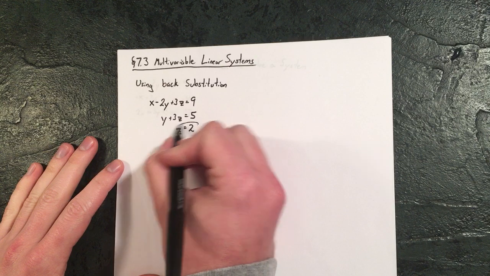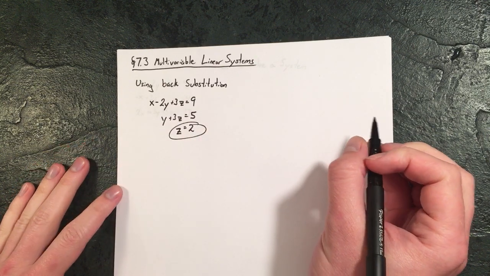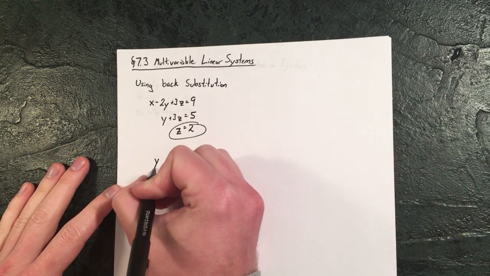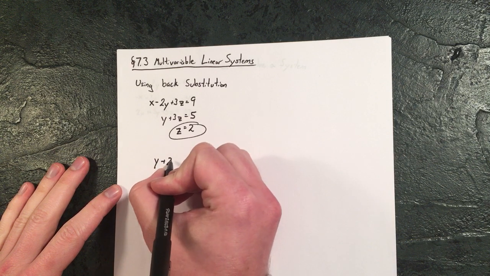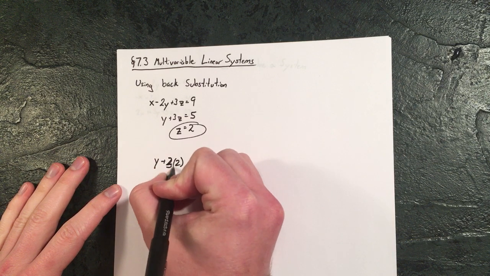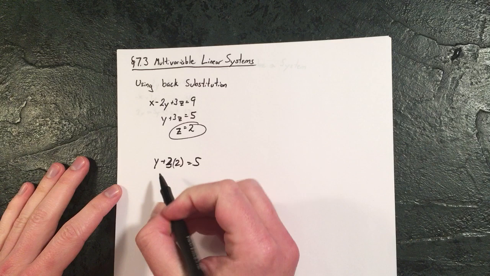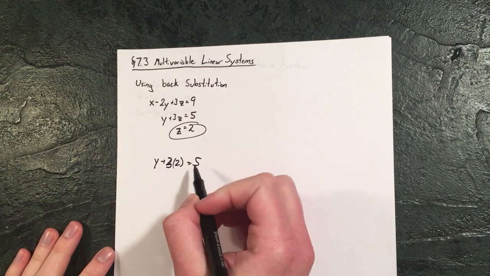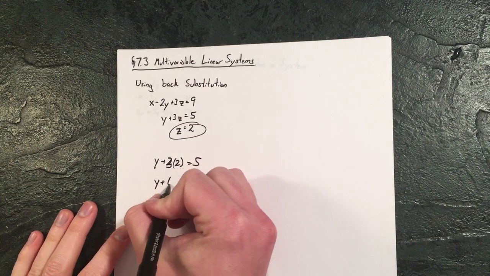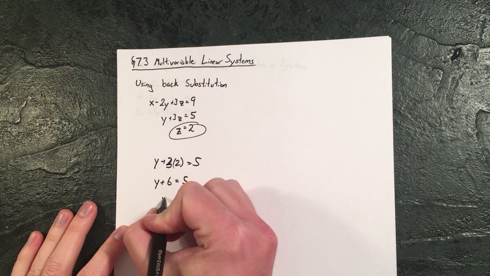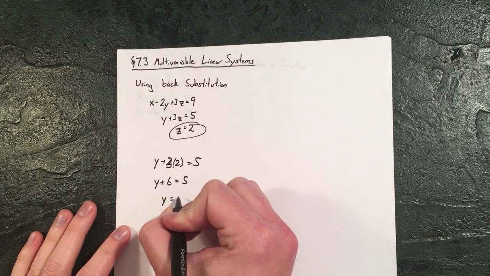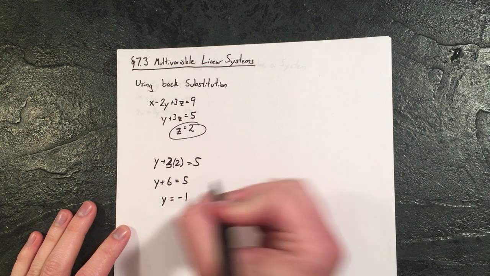So this is our key piece at z equals 2. We can put that into the equation that was above it. So y plus 3 times 2 equals 5. Y here is going to be -1.